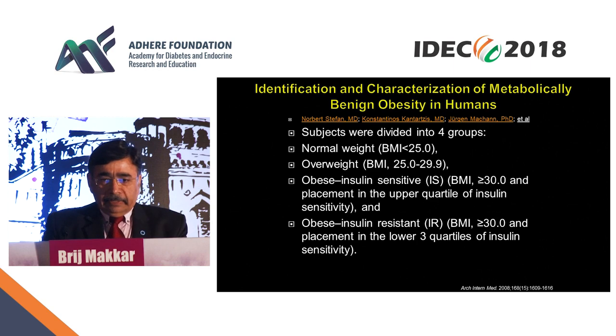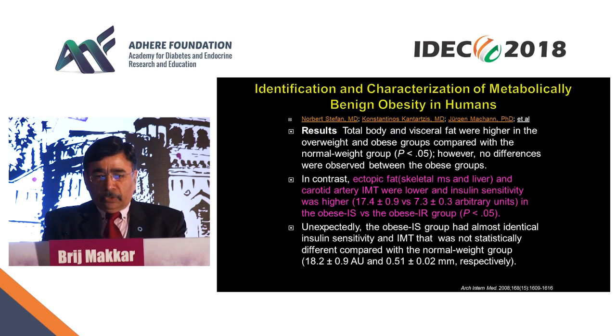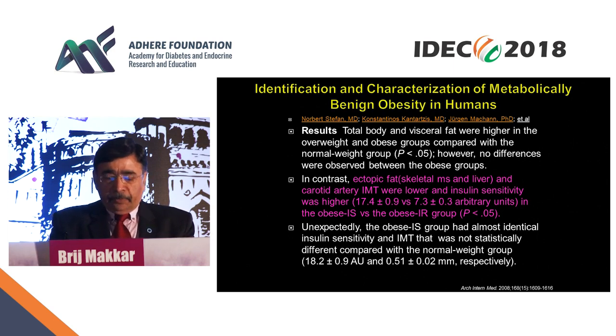Now, the results were very interesting. They found that though the overall fat distribution was not very different in different categories within obesity, there was significantly lower ectopic fat in liver and skeletal muscle, and the intima media thickness was also less in people who were insulin sensitive within the obese group.